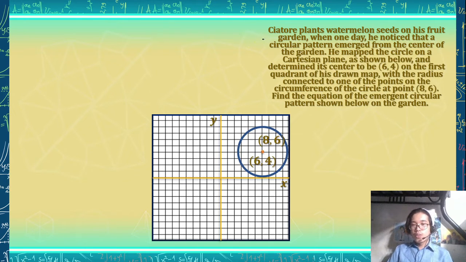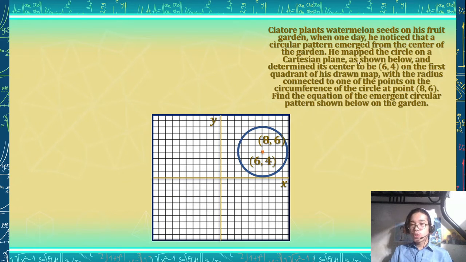This is going to be our only problem that we're going to tackle, a very basic one. Shatoria plants watermelon seeds in his fruit garden, when one day he noticed that a circular pattern emerged near the center of the garden, somewhere near the center of the first quadrant.